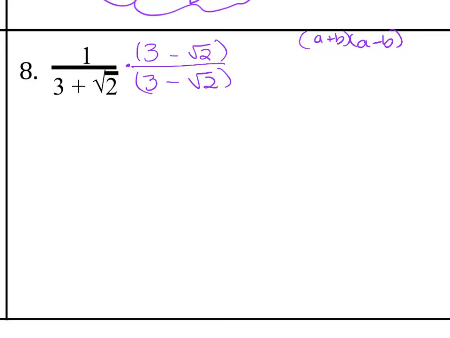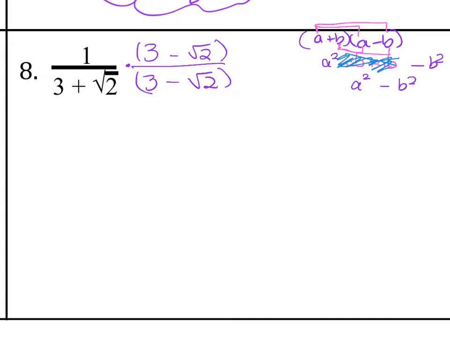If I were to multiply this conjugate, a plus b times a minus b, that is just a squared minus b squared. Because when you do the FOIL, a times a is a squared. A times negative b is negative ab. Then b times a is a positive ab. And then b times negative b is negative b squared. Notice that the negative ab and the positive ab cancel out. So you don't even have to think about that. Just know in the denominator, it will be a squared minus b squared. That'll help us out greatly.